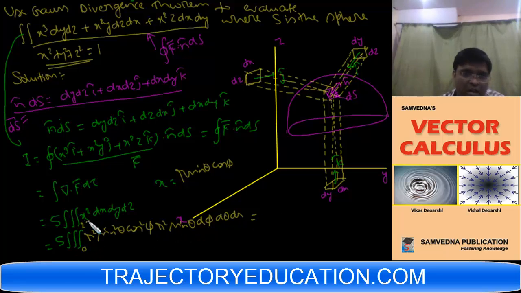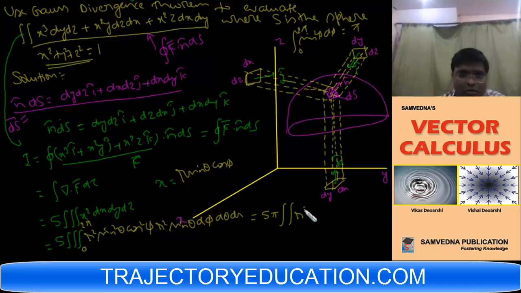So first of all I will integrate with respect to phi. So it is 0 to 2 pi, and cos square phi d phi from 0 to 2 pi will be equal to pi. You remember that these are famous integrals: 0 to 2 pi sin square phi d phi is pi. You can use the gamma function also.